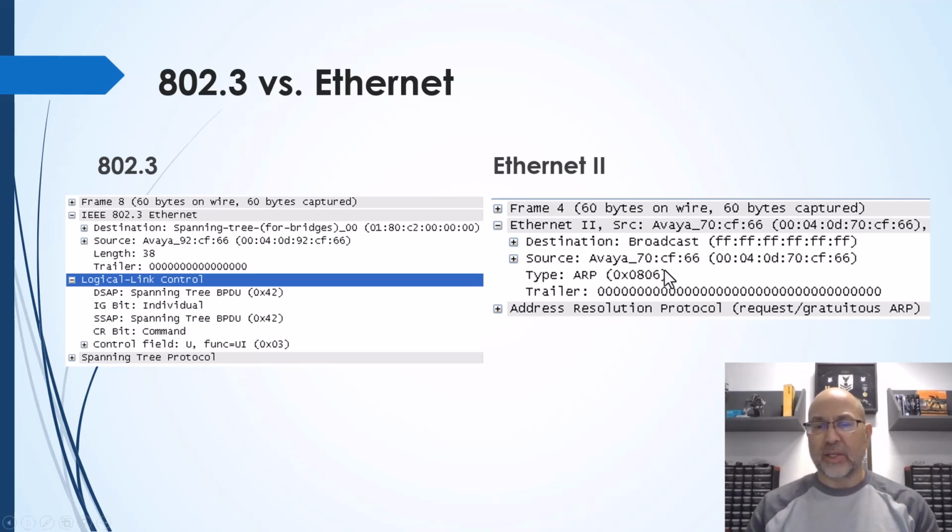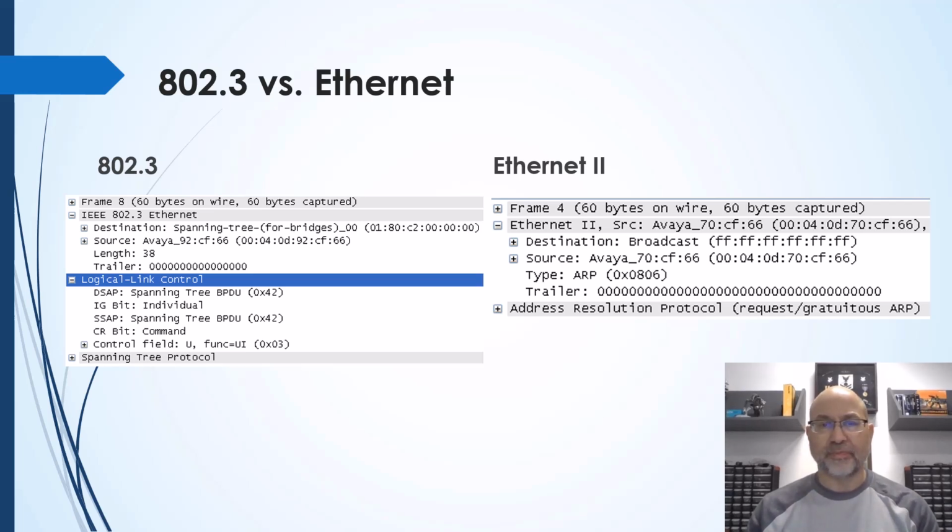Ethernet type 2 says, I'm carrying, in this case, ARP, 0806, but now I don't know how long this is. So what I need to do is have either some very well-defined fields or an additional field later on that tells me how long this is, the overall size. So there we go. That's the difference between 802.3 and what we call Ethernet type 2.